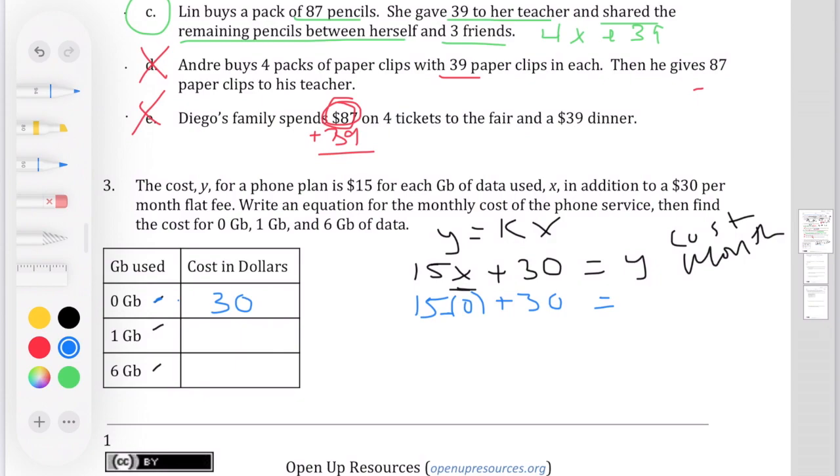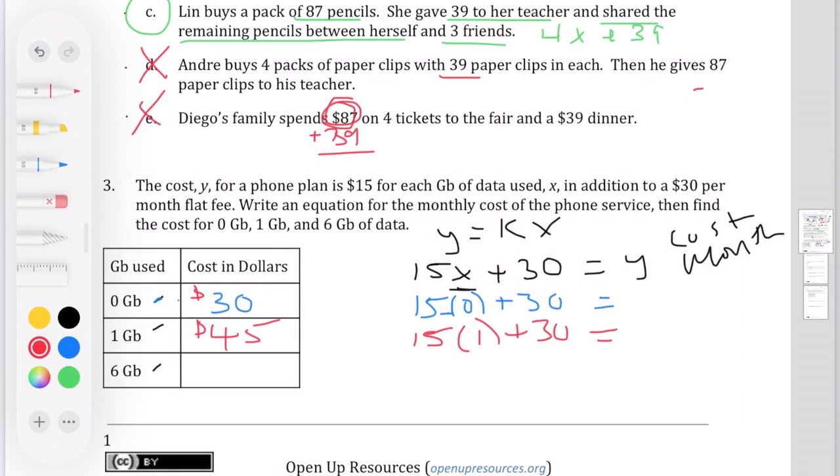Then our second problem here, we're going to plug in 1 gigabyte, so we're going to go 15 times 1, which will give us 15. We're going to add the 30, so 15 plus 30 equals $45. So it's going to equal $45 to use 1 gigabyte on this plan.